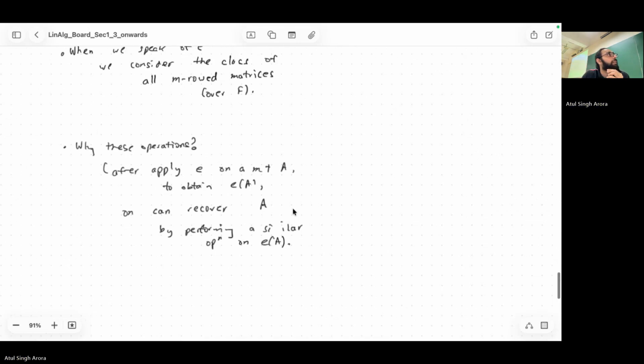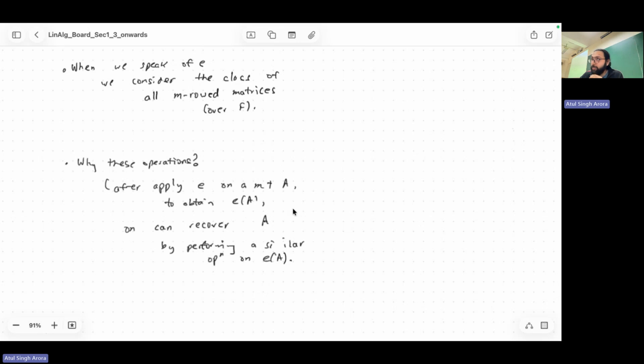So yes, what was F in particular? F was the field from the first section. So we're thinking of subfields of the complex field. If you have any questions, feel free to ask directly.